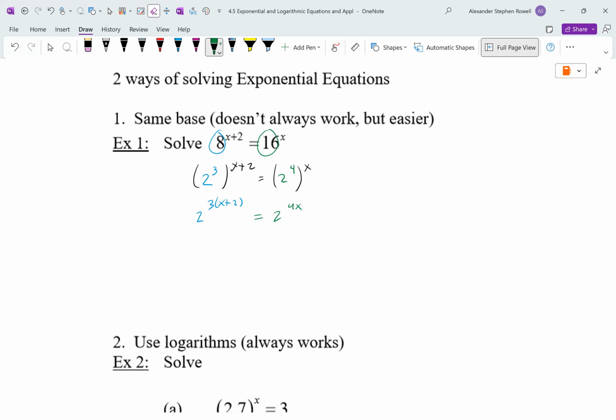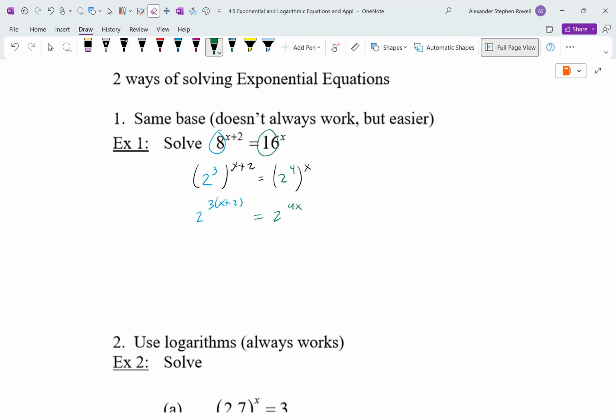Cancel what? The base? Yeah, that's true. We cancel a base, but we need to do something to cancel. We need to do the inverse of 2 to the power.